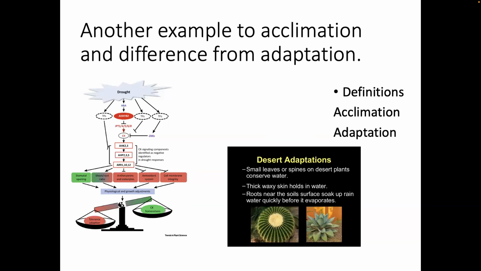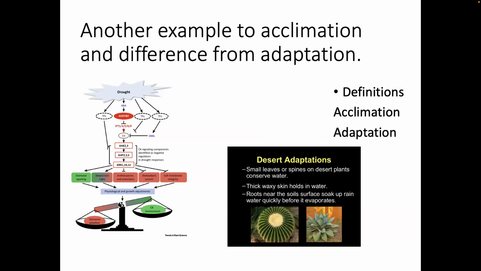And once you have these changes, they take some time. Once you have it with small stress, now if a big drought comes, the plant will be more tolerant. Note that acclimation is different from adaptation.